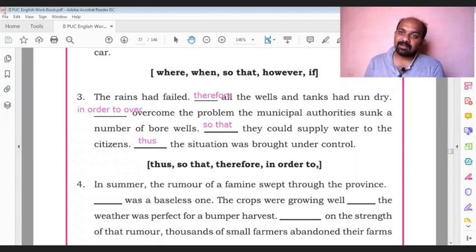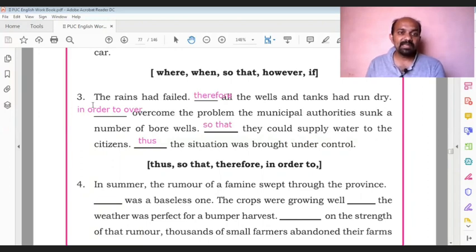Now, you might have understood the functions of these linkers in this paragraph. First one, therefore, is a result. The rains had failed. Therefore, the wells and tanks had run dry. The reason for the wells and tanks to run dry is lack of rains.